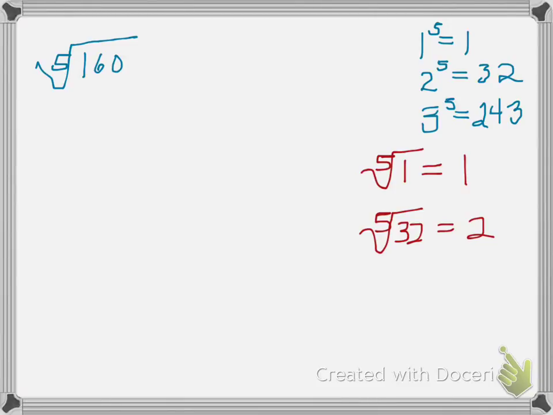If I take the fifth root of 243, I'm asking you what 5 things multiplied together get 243. They have to be the same, and it is 3, because 3 times 3 times 3 times 3 times 3 is 243. So that's the relationship between your exponents and your roots. All right, everybody okay with that?